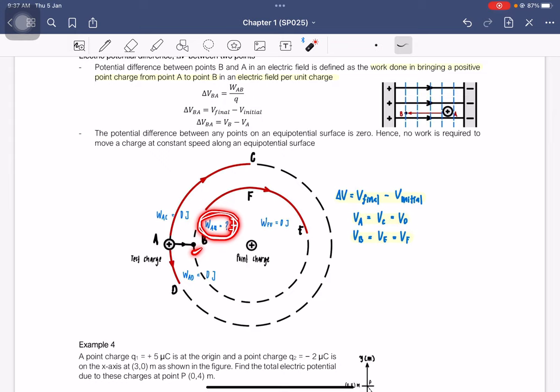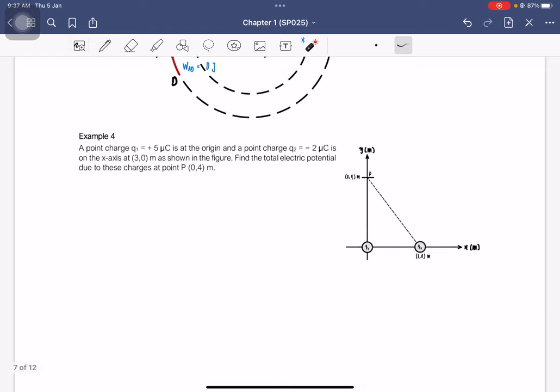It is not equal to 0. Okay, so delta V is okay lah. So basically the electric potential, since they are in the same equipotential line, electric potential at point A, point C, and point D is equal. Similarly as point B, point F, and point E. Okay, so they will have the same electric potential.